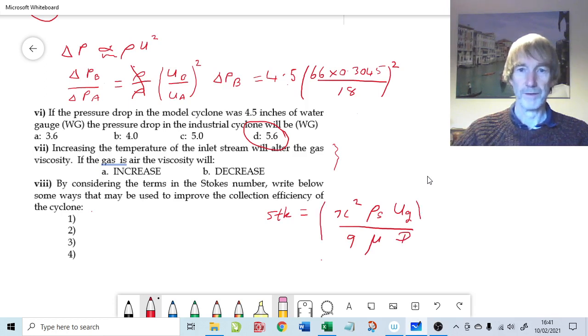Let's keep that in mind. So clearly we've got a viscosity here, so would increasing or decreasing the temperature improve the performance of the gas cyclone? That's the question.